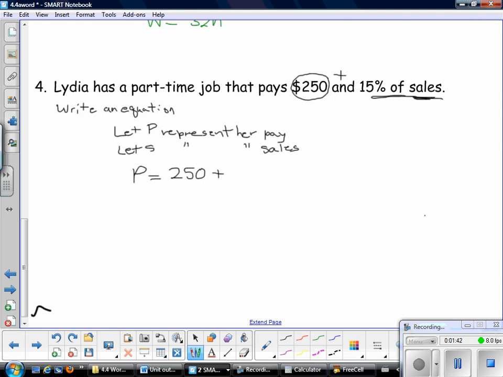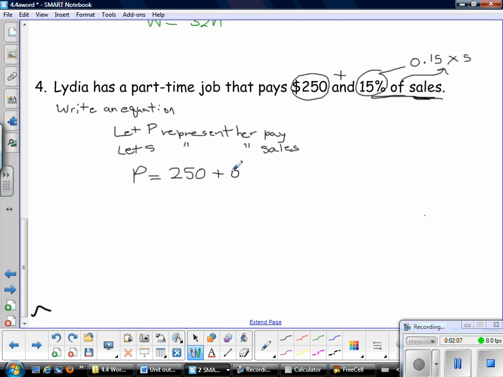Now 15%, so that means I would multiply 0.15 times her sales. Okay, so notice how I translated that. So the 15% of sales, okay, and we did percentages in our first unit. So we want to change that to a decimal and we're going to multiply by S.